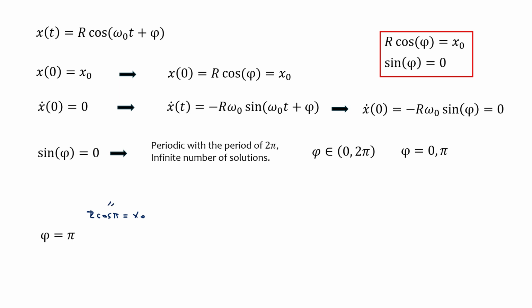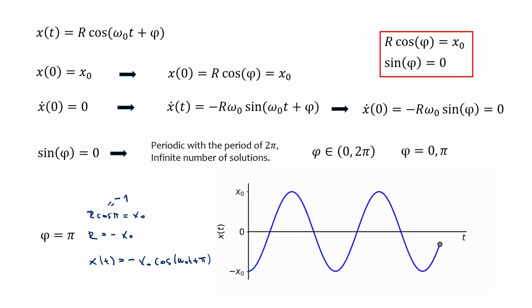But the cosine of pi is minus 1. So we got for the amplitude r equals negative x0. And the displacement or time evolution of the system can be written as negative x0 times cosine omega 0 t plus pi. And this is how it looks.